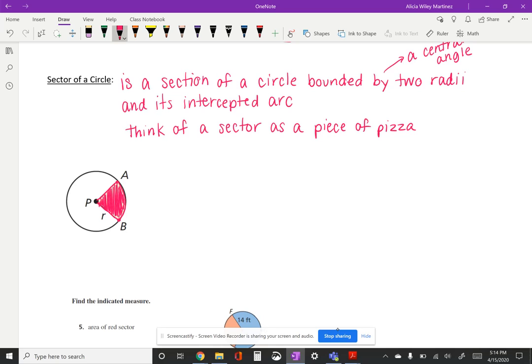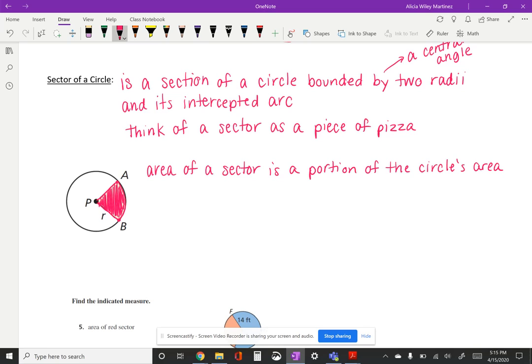So the area of a sector is a portion or a part of the circle's area.